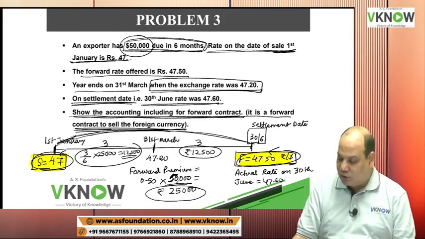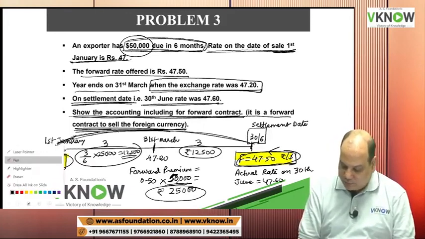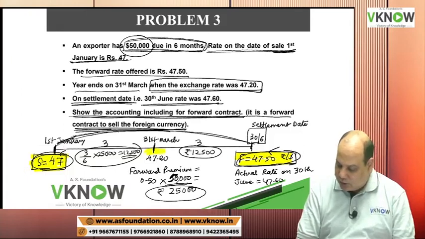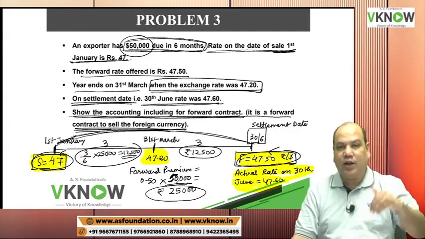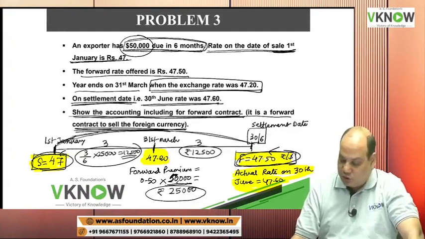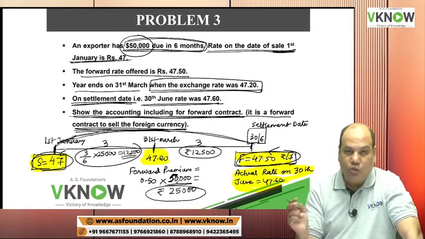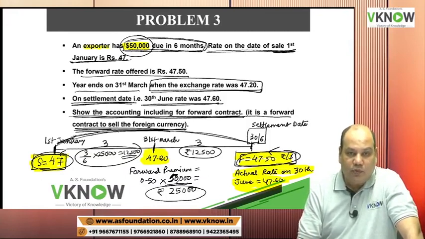Very good. So now the question is, why are these other rates given? The year ending rate is given, 47.20. The actual rate in the market on 30th June, actual meaning what actually happened, is 47.60. So therefore, we need to understand, you are under AS-11. When you are going to export goods, you are going to have a foreign currency debtor.